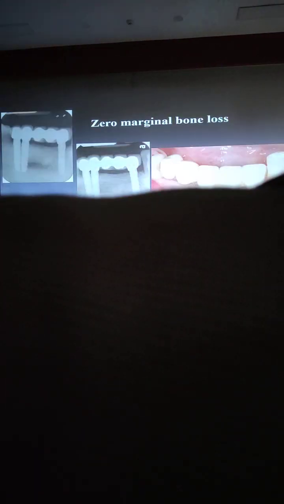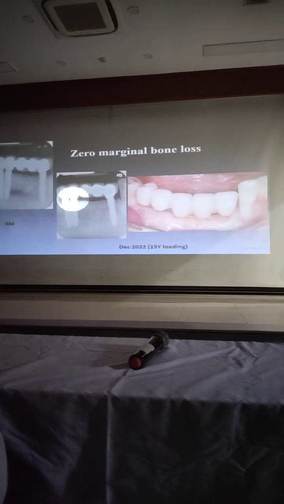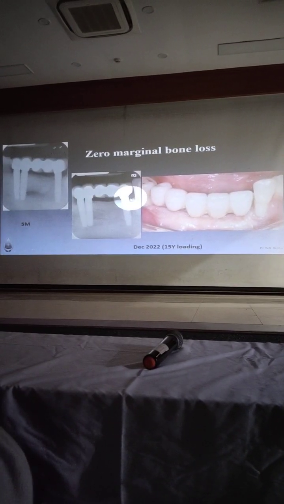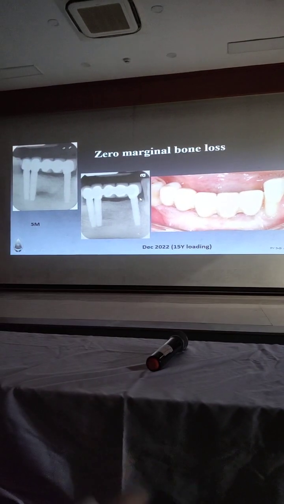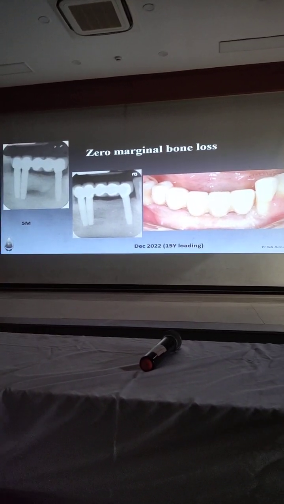She cried with joy because she had no teeth in 10 years. This is a 15 years loading. You can see zero bone loss. As I mentioned before, these cases show very good stability.